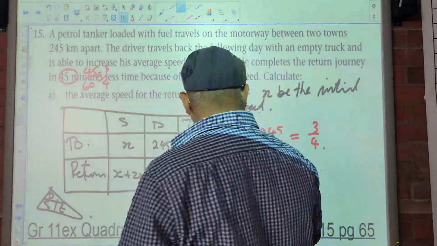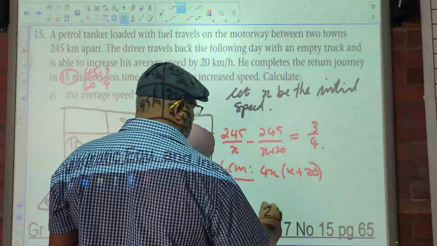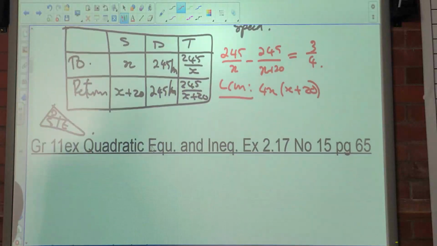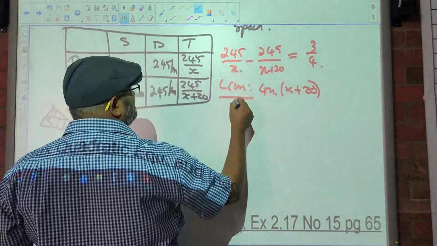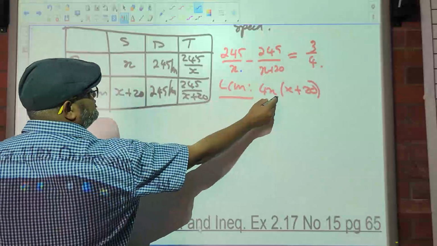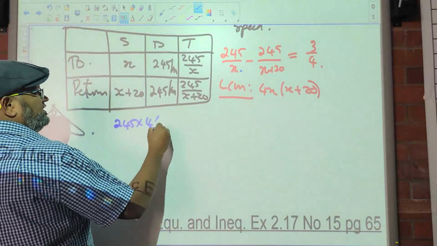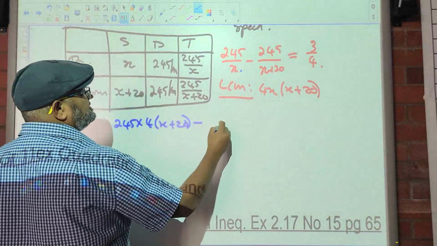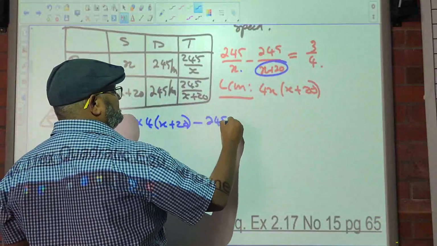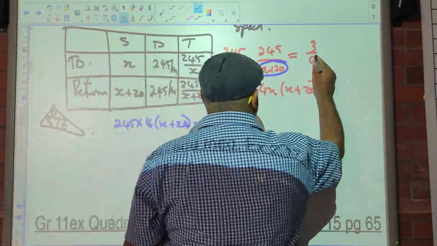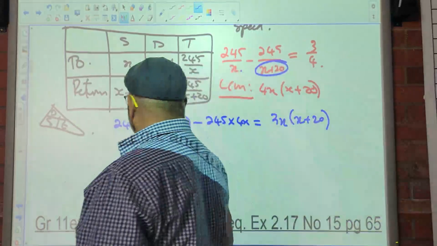Okay. So what's your LCM here? 4x into x plus 20. So what was the first fraction we wrote as? We multiplied by 4 into x plus 20, so it's 245 times 4 into x plus 20 minus, this was multiplied by 4x, so it's 245 times 4x equals, this was multiplied by x into x plus 20.